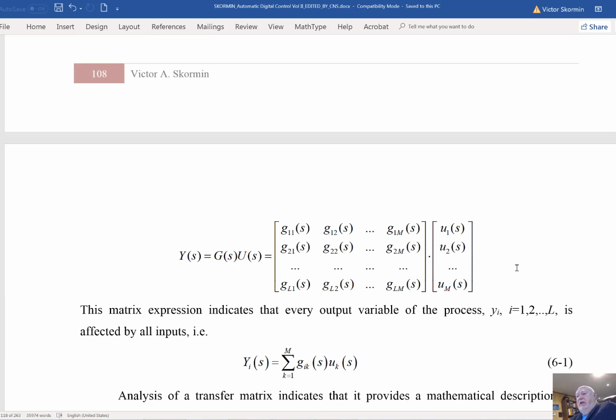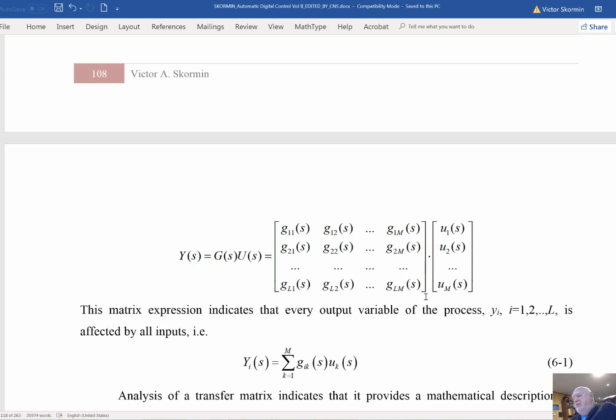Then you have to realize that if we have several inputs, u1, u2, um, and if we have a vector of outputs y1, y2, yl, then the entire interaction between the inputs and outputs could be described not by a single transfer function, but by the transfer matrix.